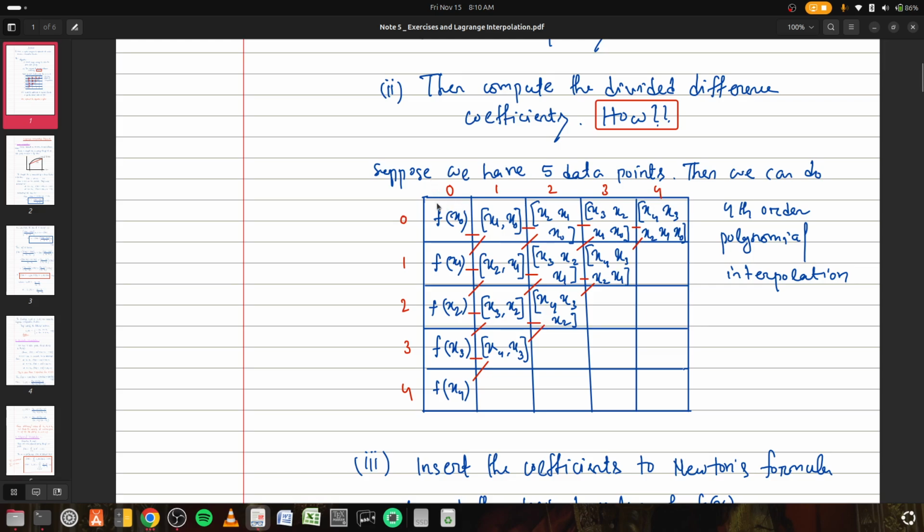For this 0th column update all the row values, and in our case in the code it will go from 0 to 5, and that will have 6 data points. Here we had only 5 data points, and in the program we have 6 data points. I have taken an extra data point. So in this column there will be 6 data points going from 0 to 5. Remember that.